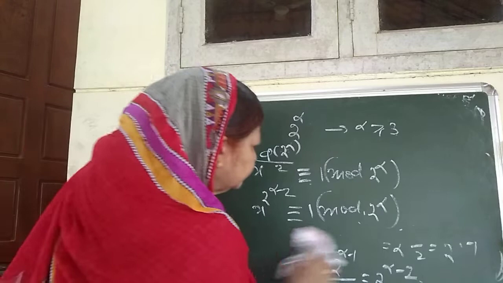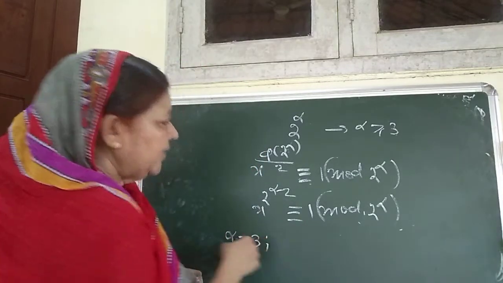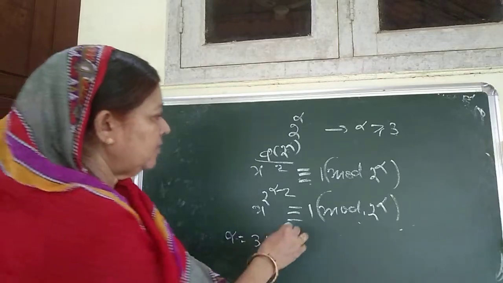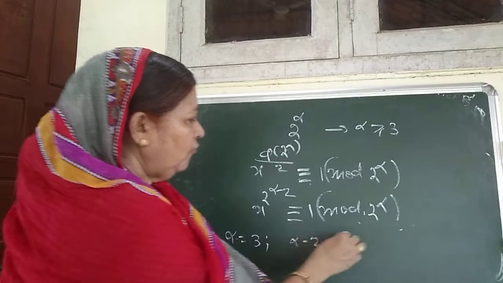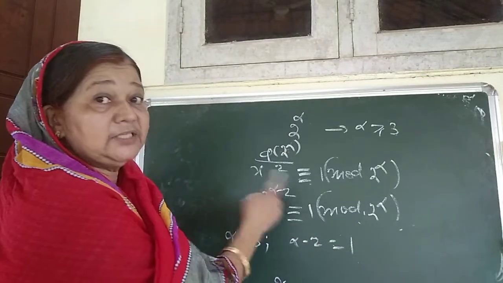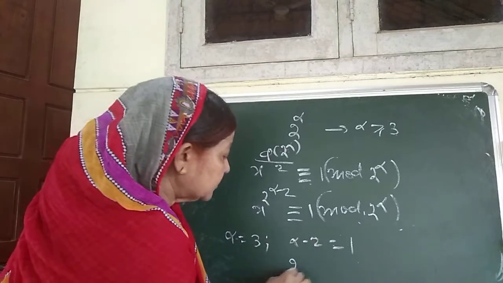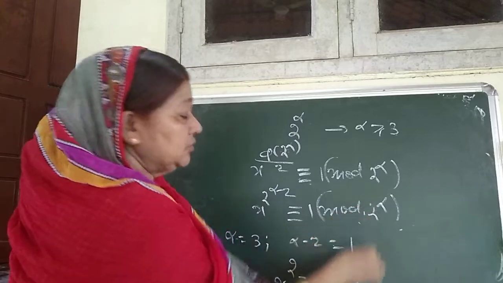For that, put alpha equal to 3. When alpha equal to 3, we have alpha minus 2 equal to 1. Therefore, x raised to 2 raised to alpha minus 2 equals x square is congruent to 1 modulo 2 raised to 3, that is 8.